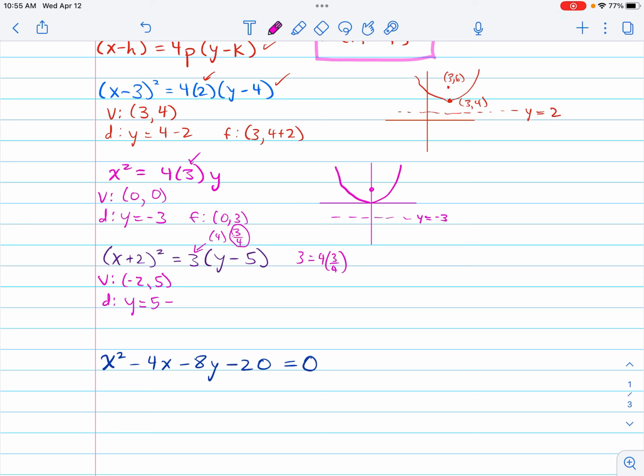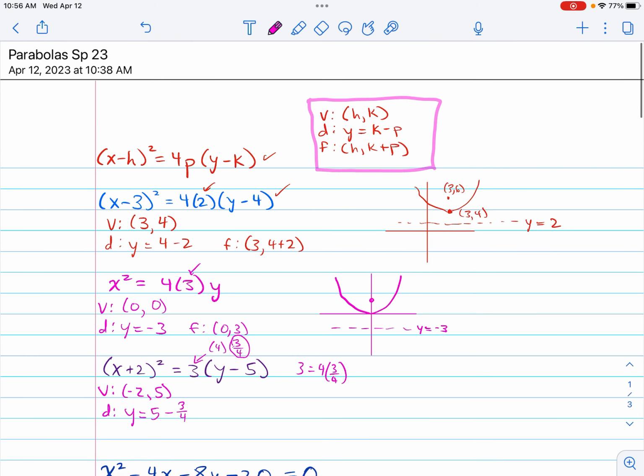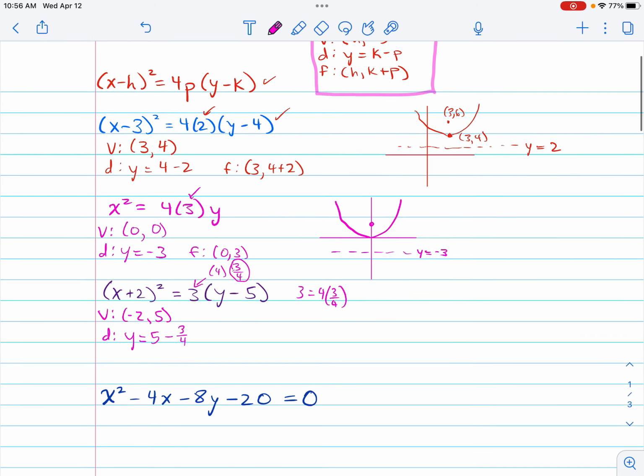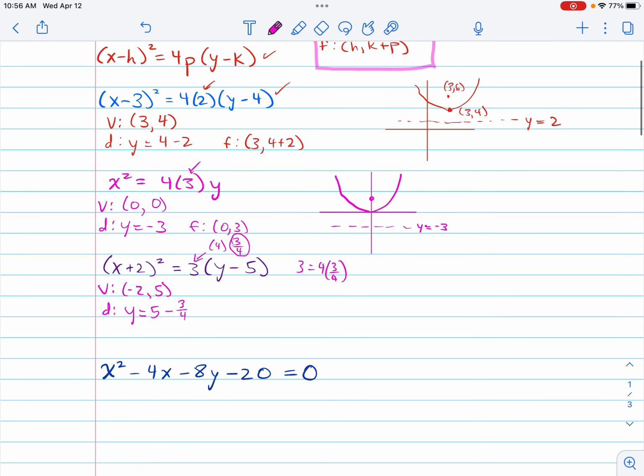So I now can say, okay, 5 minus 3/4. See, that's the p. And remember, the directrix is k minus p. So if you don't have 4 times something, you can always divide and multiply, and then you'll have 4 times whatever.